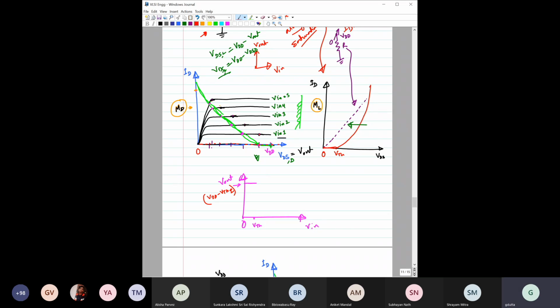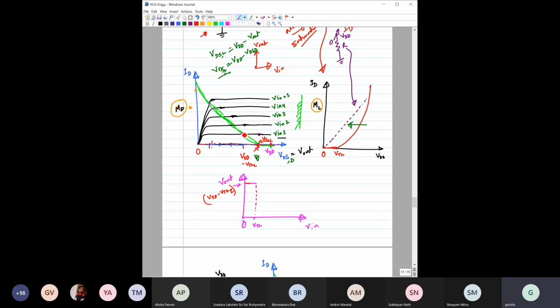This is VDD. You have to go one threshold voltage below, so this point is VDD minus VTHL. This part is VTHL, right?